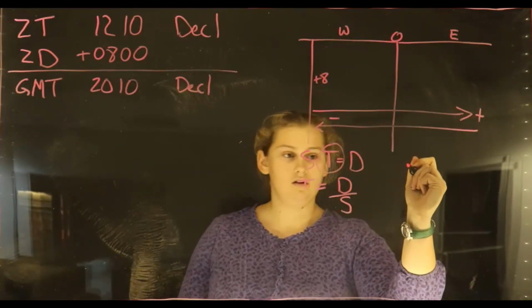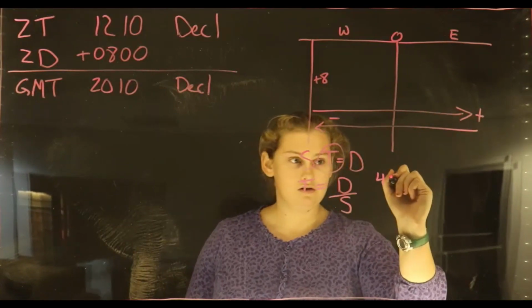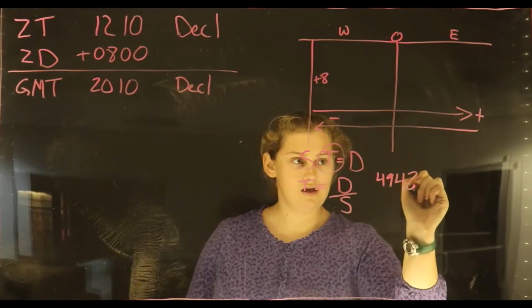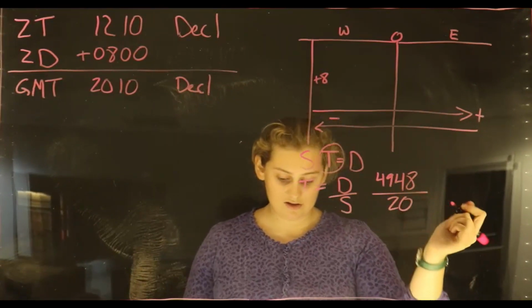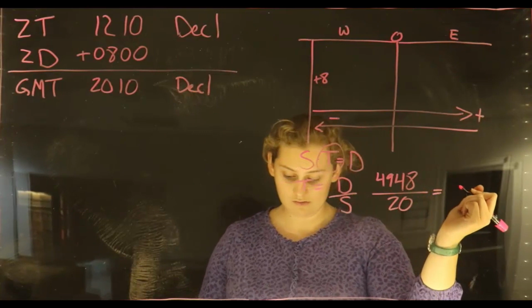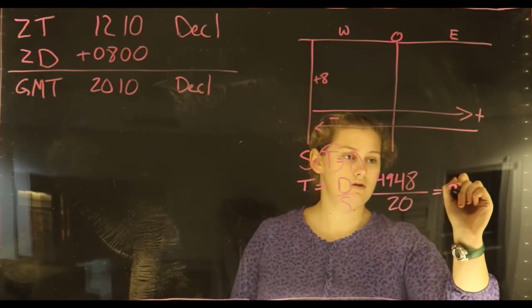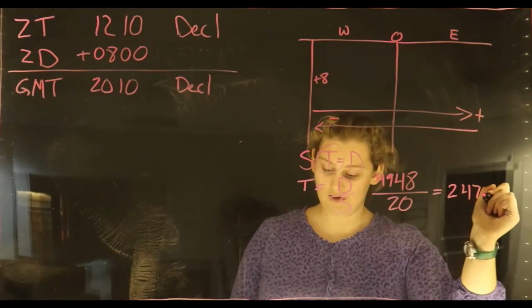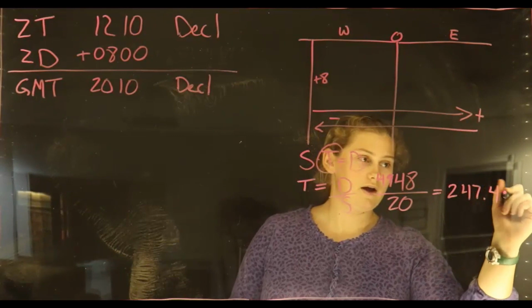So our distance is 4,948, and we'll divide by 20 knots, and this equals 247 hours and 0.4 hours.